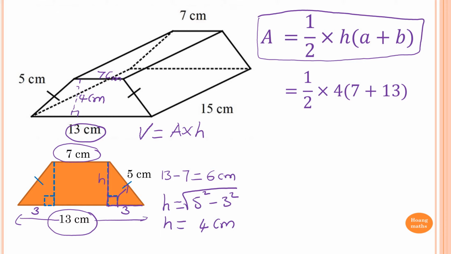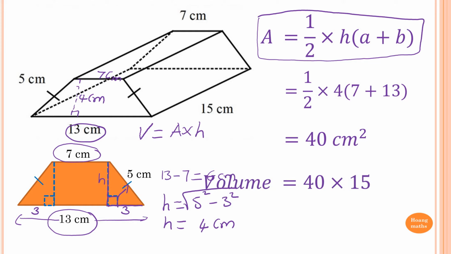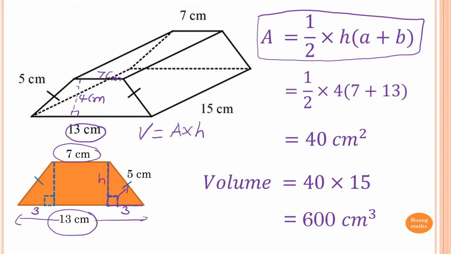So it gives me 40 square centimeters. Now volume is area times height, which is 40 times 15. That will give me the volume of this solid, and putting that in a calculator gives me 600 cubic centimeters.